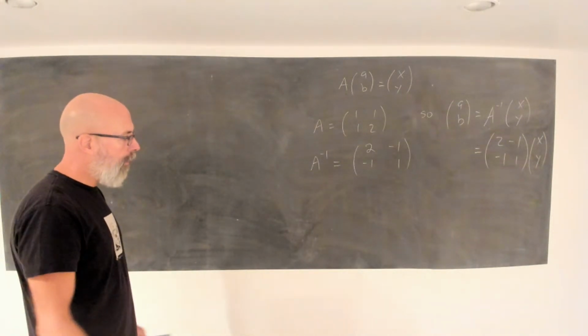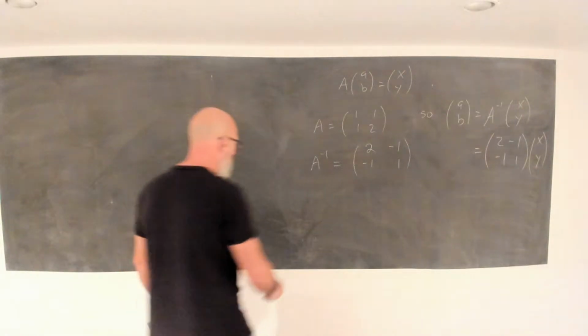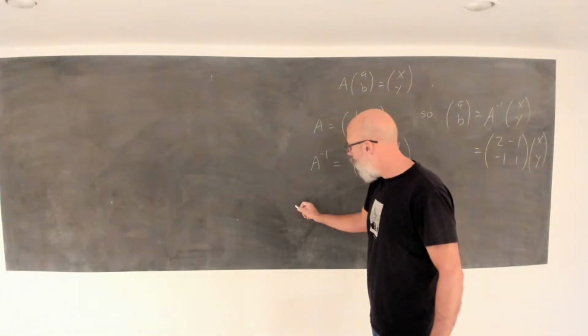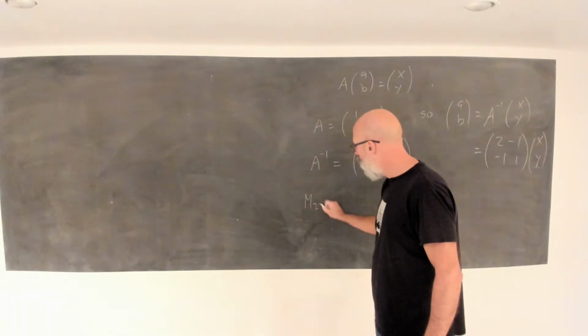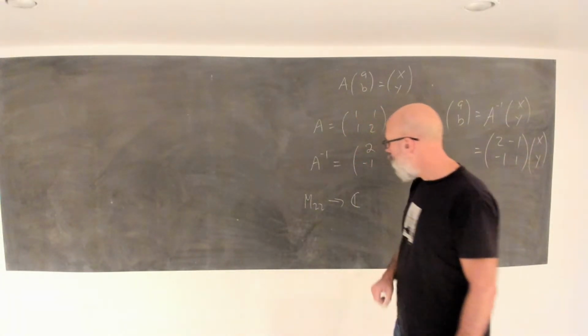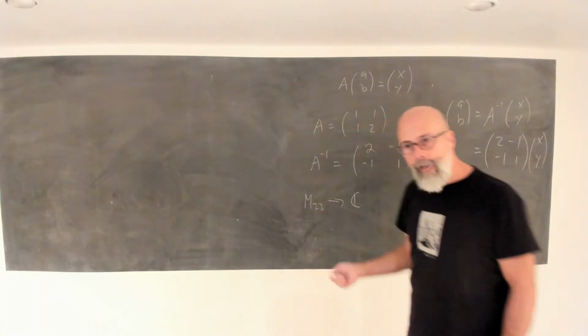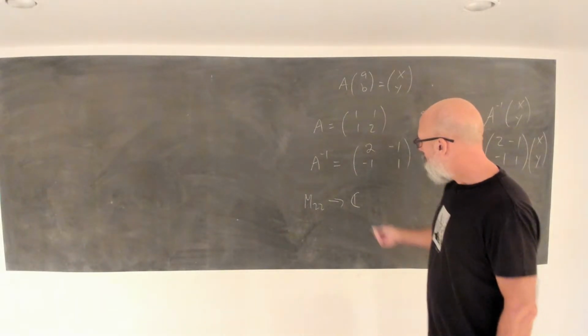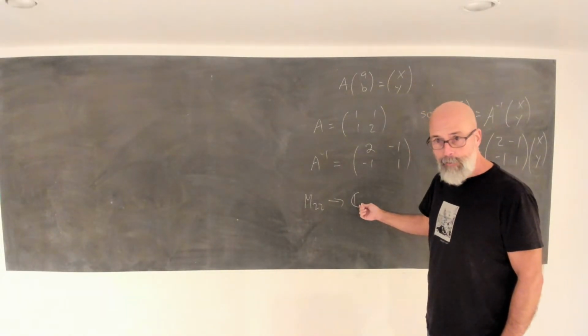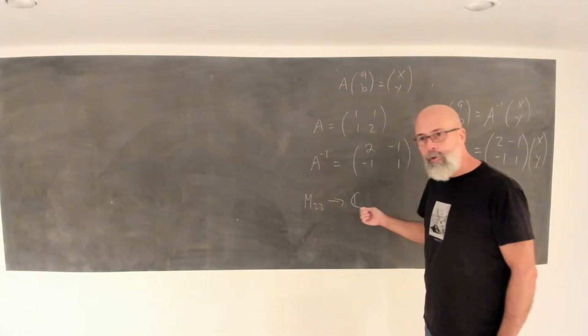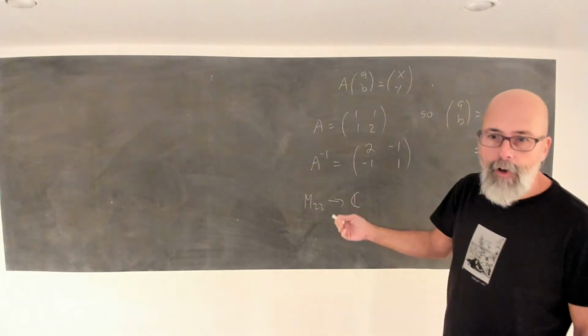But if you're just asking for a map from M22 to the complex numbers, there are many maps. In fact, the real numbers are themselves complex numbers, so you could map M22 to the reals, and that's fine.